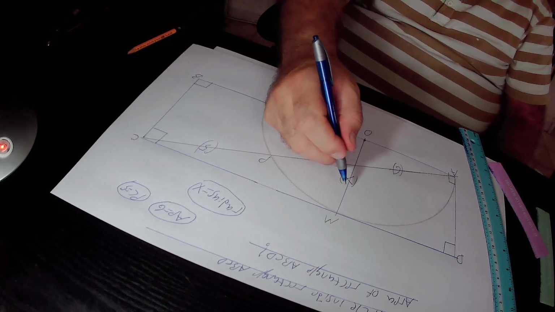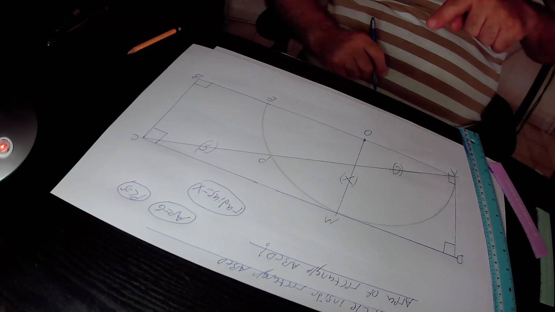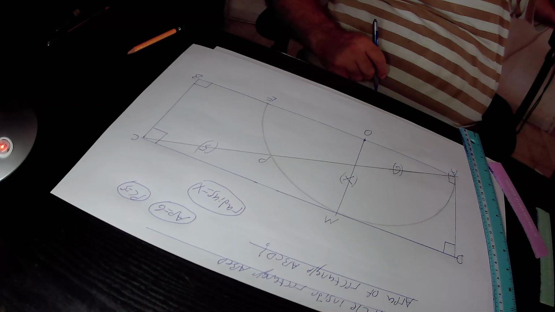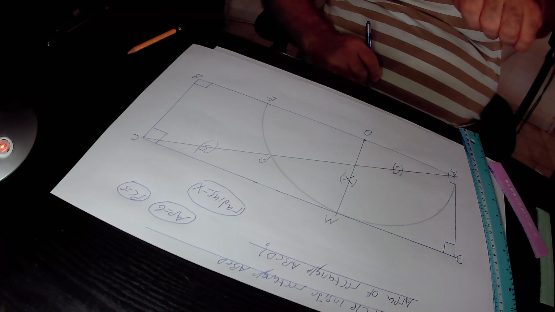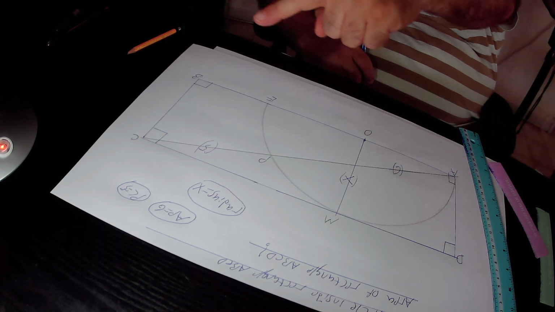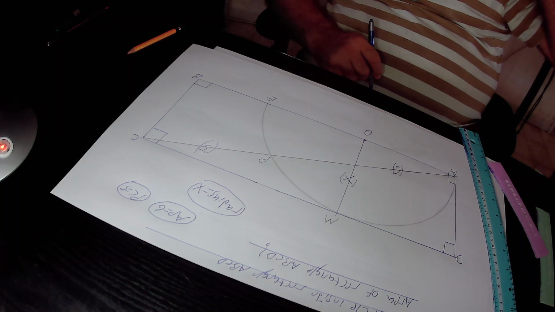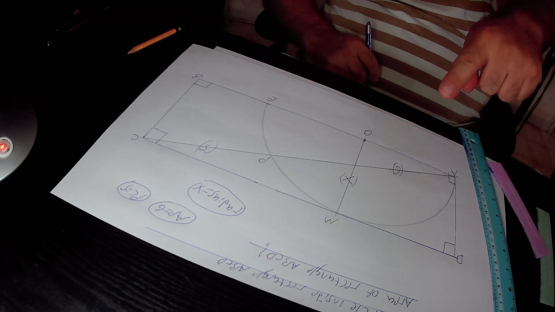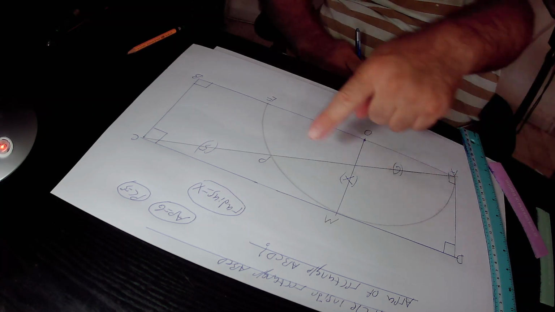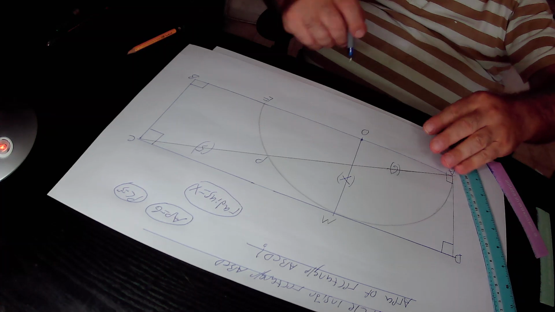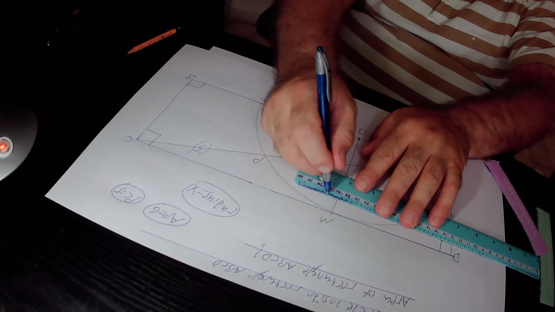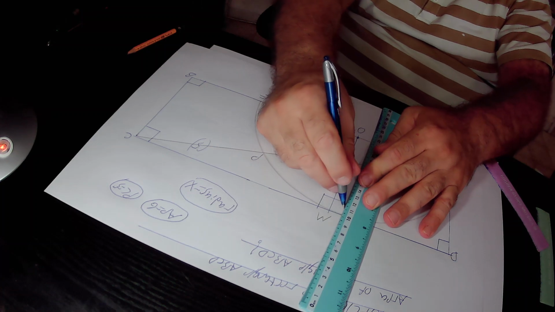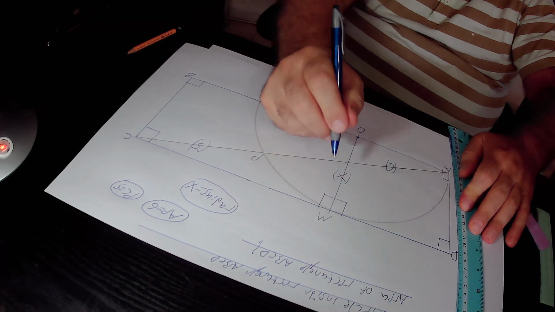And because the radius OM is drawn to point M, that is the point of tangency of tangent DC with this semicircle, and whenever you have a radius that is drawn to the point of tangency, then tangent DC will be perpendicular to the radius MO. If DC is perpendicular to MO, it means that this angle equals 90 degrees, and this angle also equals 90 degrees according to our construction.